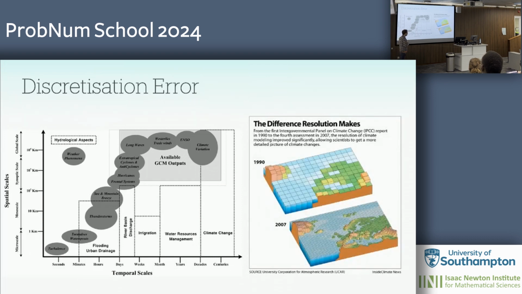And although things have improved, so if we look at what the resolution of these models looked like in the 1990s, we can see that Britain doesn't even really exist. So fine. Not important in terms of future climate variations. At least now Britain gets to be about 20 pixels. But clearly this is not resolving all of the details that are important for modeling what actual weather and climate look like in the UK or indeed in Europe.